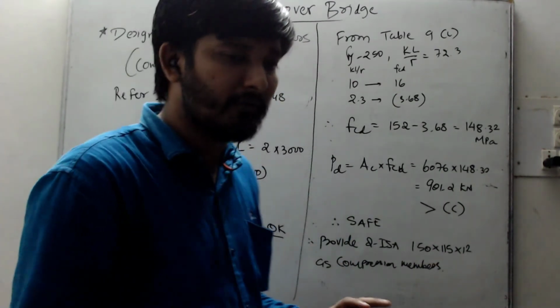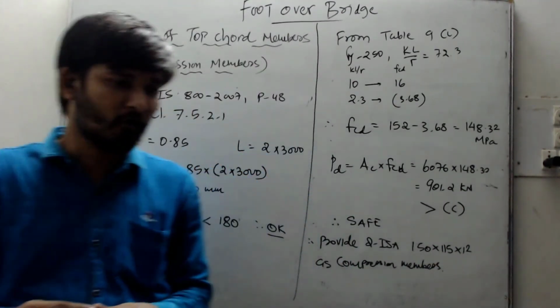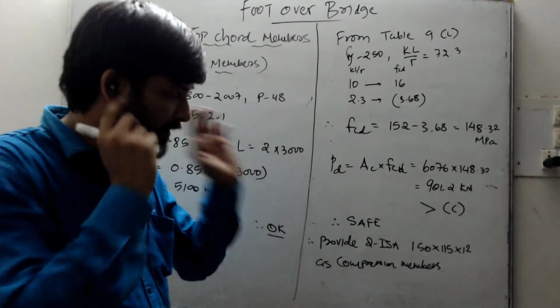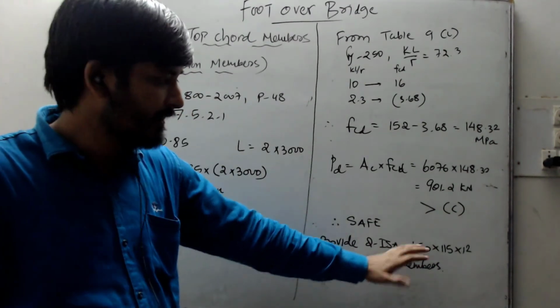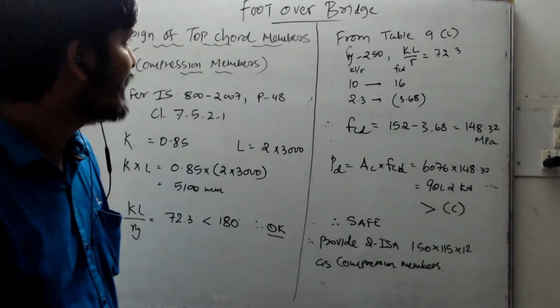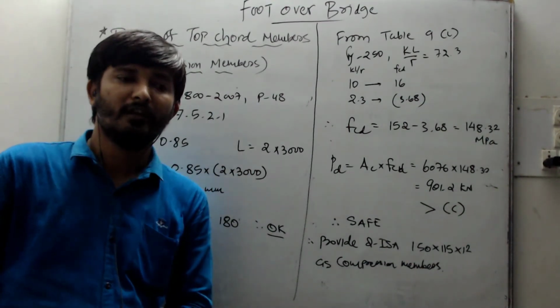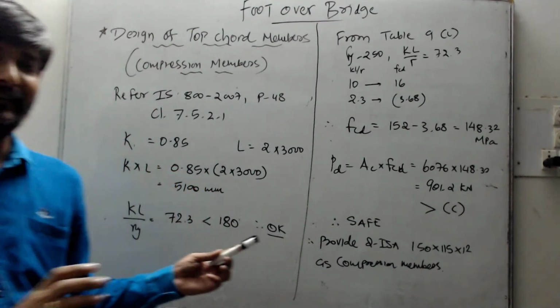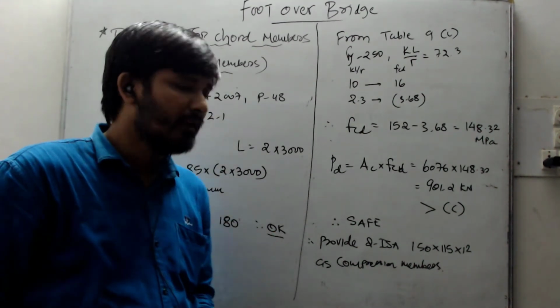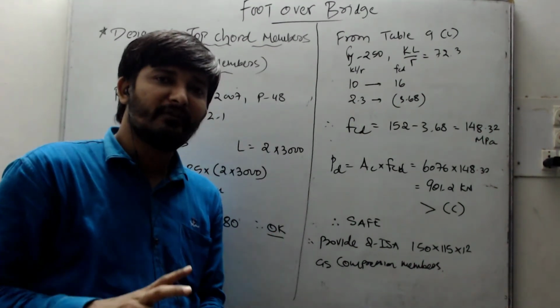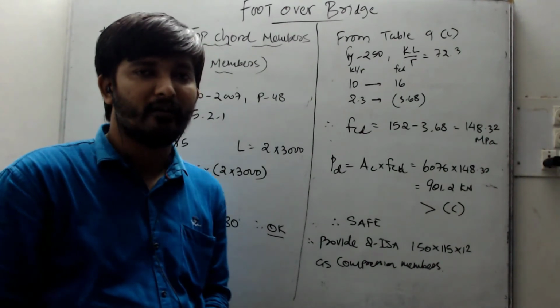So this is how we do the design of a top chord member. So for the top chord members, we got 2 ISA 150 by 115 by 12 mm. This is the design of a top chord member, or in short you can say this is a compression member design also. So we did the design of two members till now, bottom chord member and top chord member.